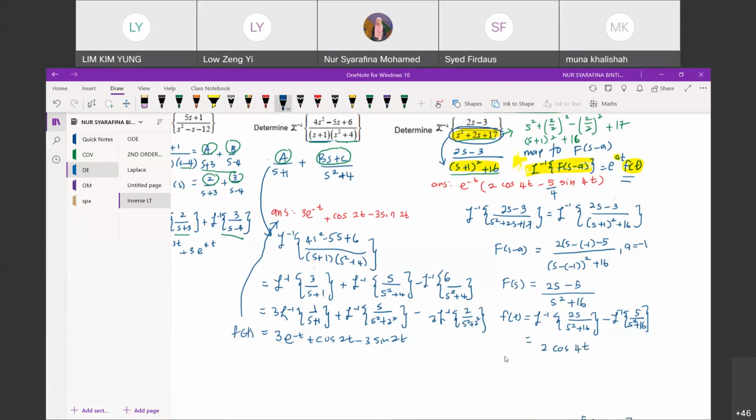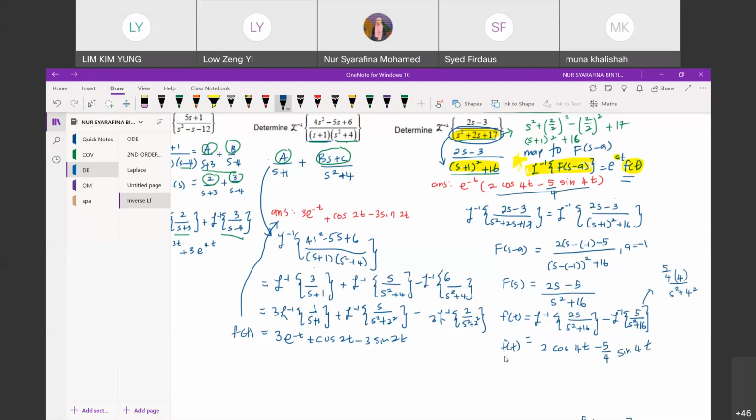This one is 5. This one is 4 squared. So you should have what here? 4 over (s squared plus 4 squared). But this is 5, so just put 5 over 4. So minus 5 over 4 sine 4t. Same. Then this is your f(t).